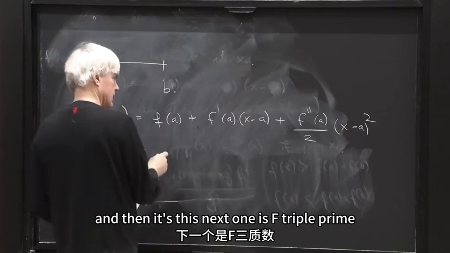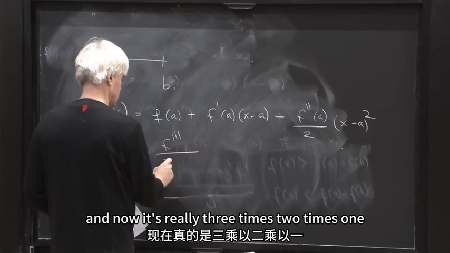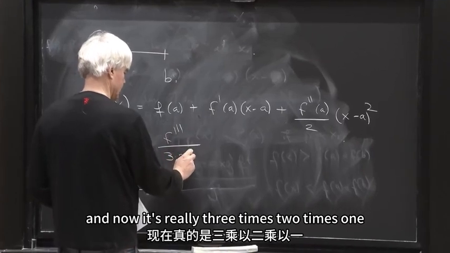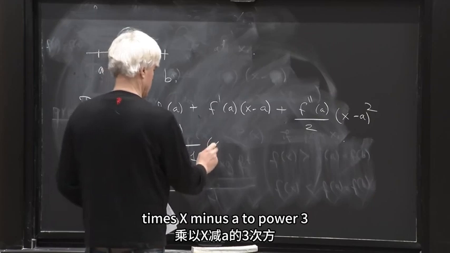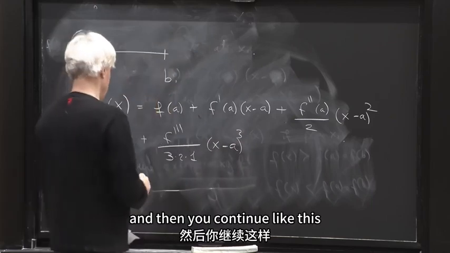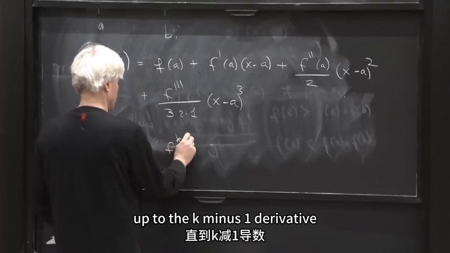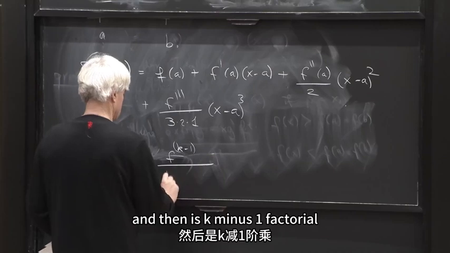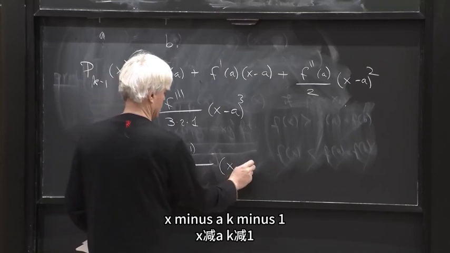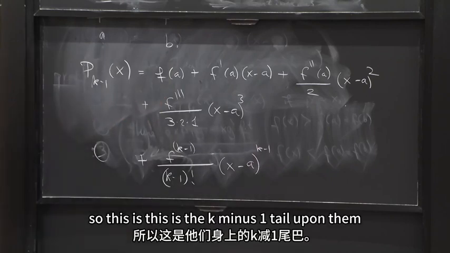And the next one is f triple prime, divided by 3 times 2 times 1, times x minus a to the power 3. And then you continue like this up to the k minus 1 derivative, divided by k minus 1 factorial, times x minus a to the k minus 1. So this is the k minus 1 Taylor polynomial.